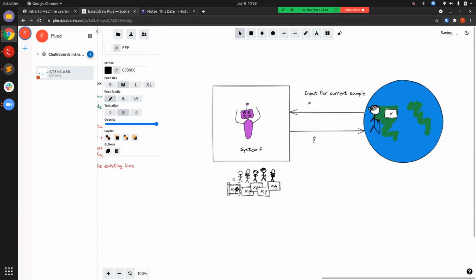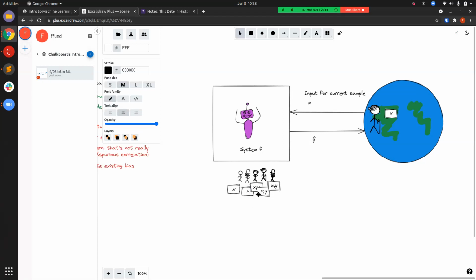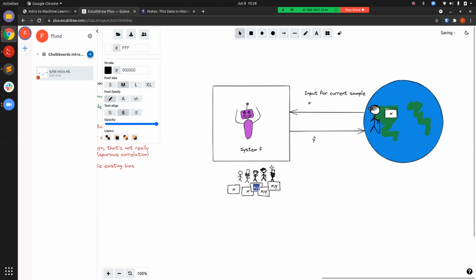Okay. But now, we don't necessarily have the true value of the target variable associated with either the data or the current input. So in unsupervised machine learning, we still have data that we use to train the system. But now the data is X's only. So in the supervised learning case, there's some true authoritative Y, and we're trying to estimate Y hat.